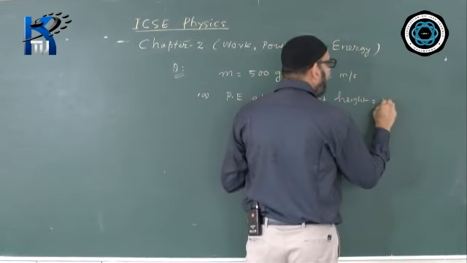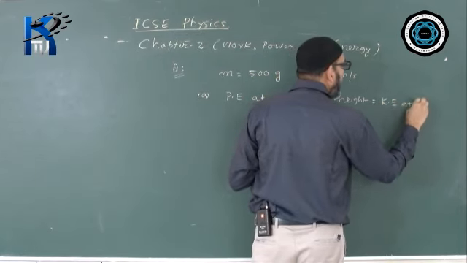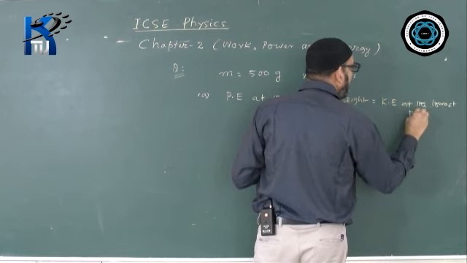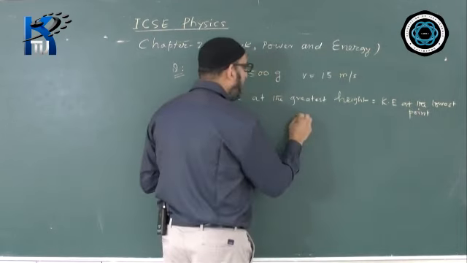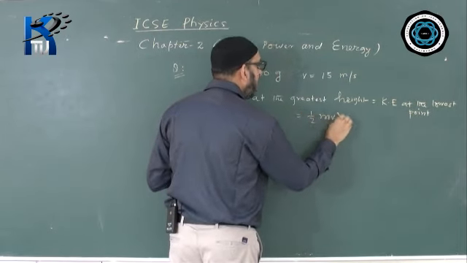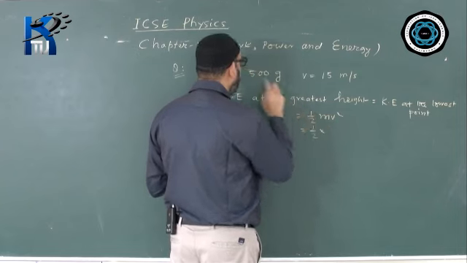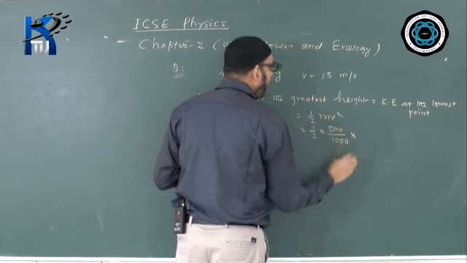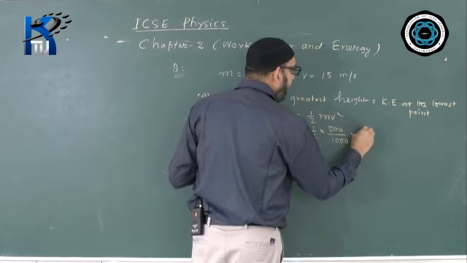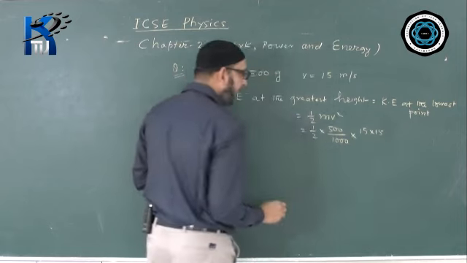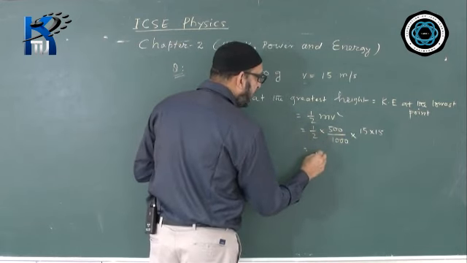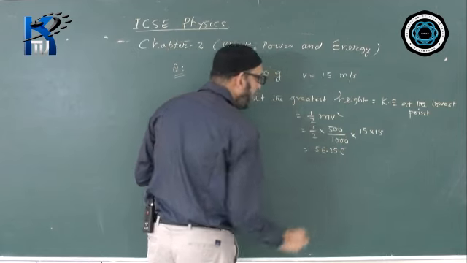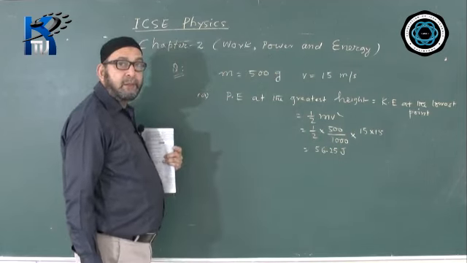So, we will be writing equal to kinetic energy at the lowest point, that means from the ground level. The formula is half mv square. We will put the value half, mass is given 500, so 500 change in kg, into velocity is 15, so 15 square, that means 15 into 15. We will cancel and find the answer. Answer will come 56.25 joule.